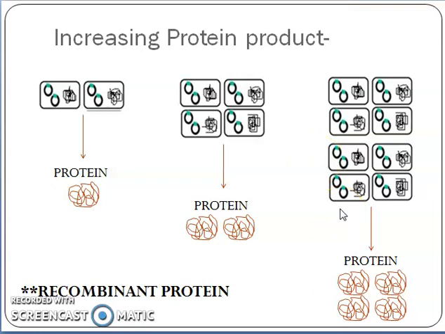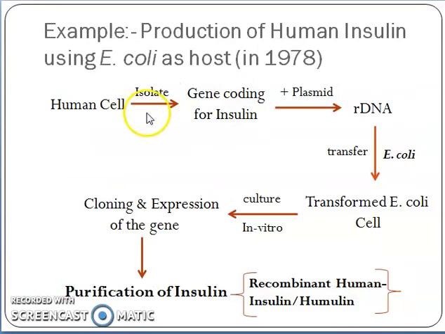So now let's take an example of such a strategy which happened in 1978. What was that? It was the production of human insulin using Escherichia coli as host. Scientists isolated the gene coding for insulin from human cells.